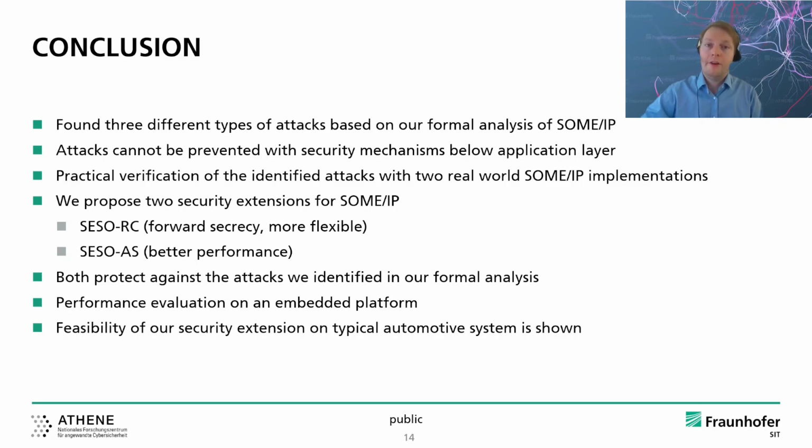We practically verified the identified attacks in 2 real-world implementations. Next, we proposed 2 security extensions for SOME/IP: SESO-RC, which offers perfect forward secrecy and is more flexible, and SESO-AS, which has a much better performance.